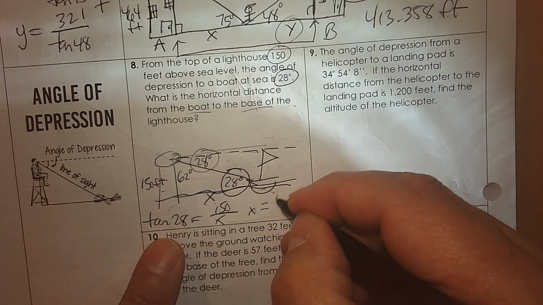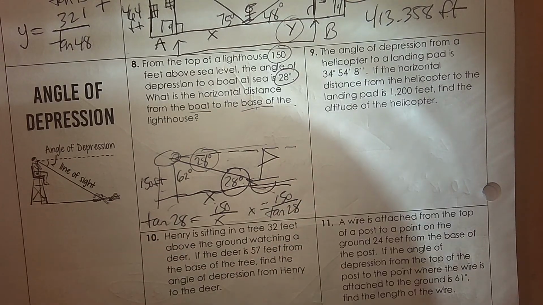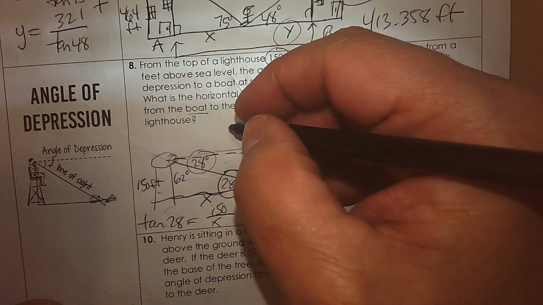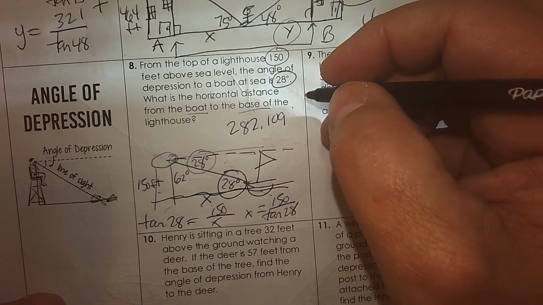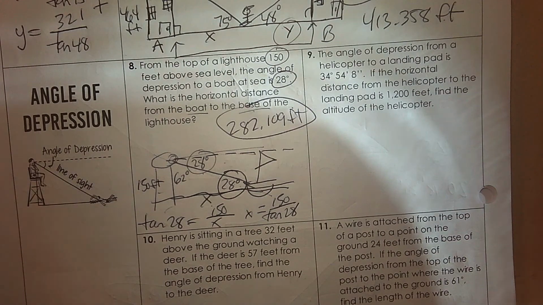So it'd be 150 divided by tangent 28, and then use your calculator. And you get 282.109 feet. That's how far the boat is from the lighthouse.